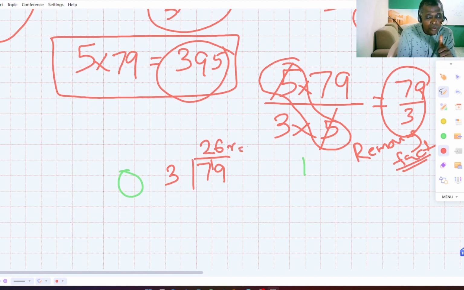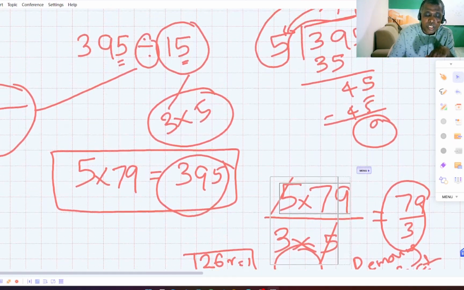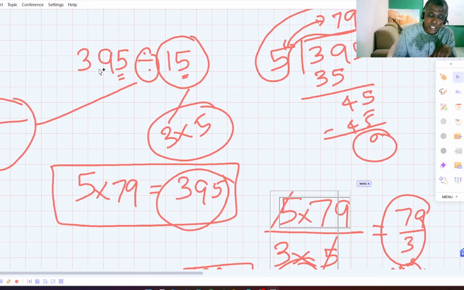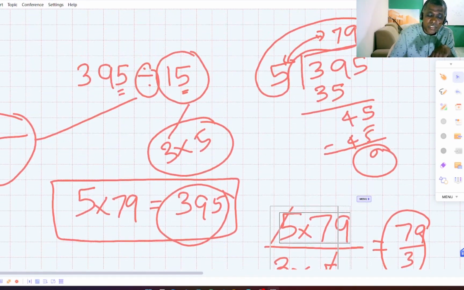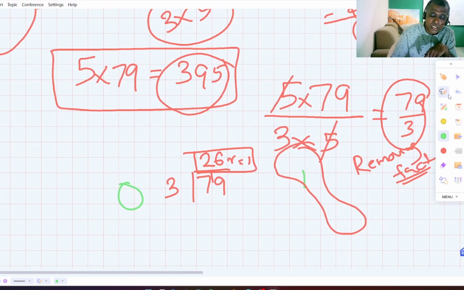R is equal to 1. That means this is the answer. If you divide 395 by 15, you are getting the answer as 26 and R equal to 1.